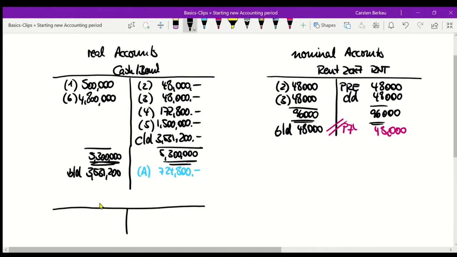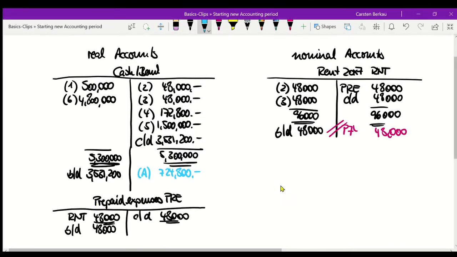Regarding the prepaid expenses, we now must transfer the prepaid expenses for rent 2008 to a rent 2008 account. Therefore, we open a new account as a nominal account by the name of rent 2008.